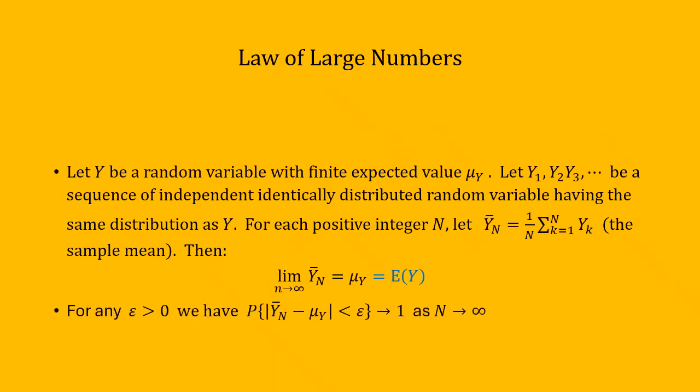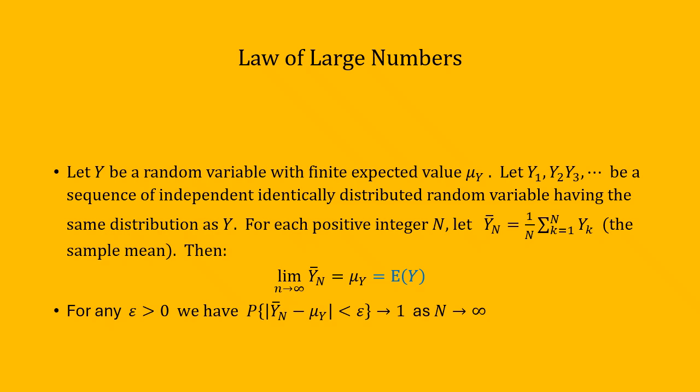So let's look at the law of large numbers. Let y be a random variable with finite expected value mu sub y. Let y sub 1, y sub 2, y sub 3, and so on be a sequence of independent, identically distributed random variables having the same distribution as y. For each positive integer n, let's define the sample mean of n of those y sub k random variables.